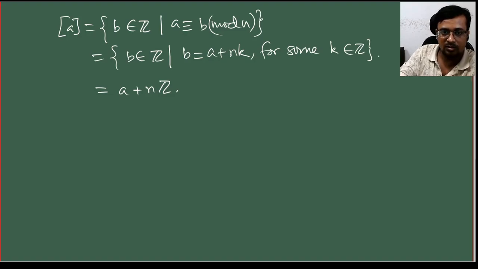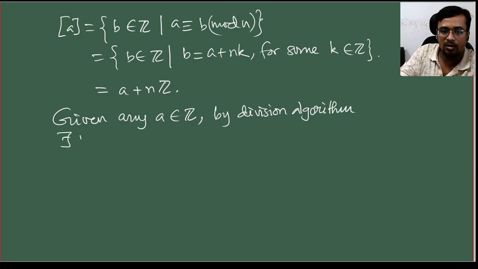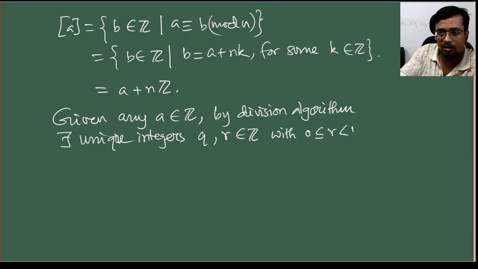Now note that given any a belonging to Z, by the division algorithm there exist unique integers, say q, r, with 0 less than or equal to r less than n, such that a equals nq plus r.